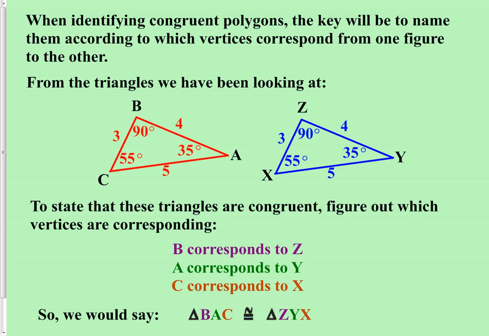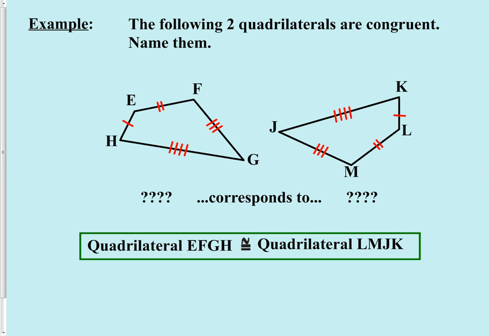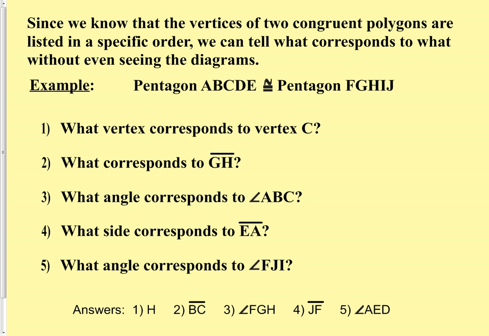Figure out what corresponds to vertex A in the other triangle, and it happened to be vertex Y. So B then A corresponds to Z then Y, and then the same thing for C and X. Naming the polygons is kind of the tricky part, and you just have to pay attention. Make sure you get all your vertices lined up.